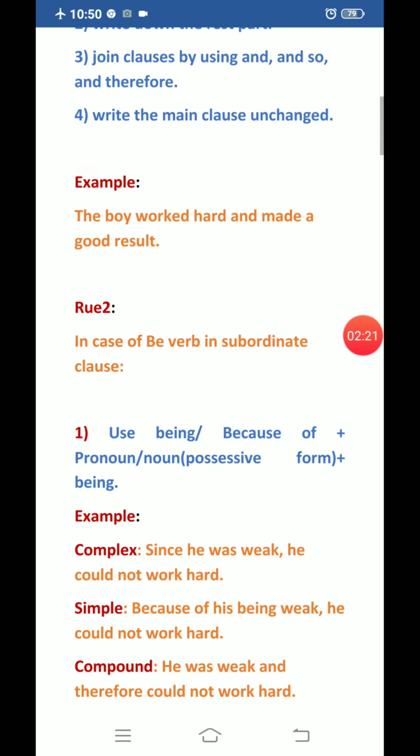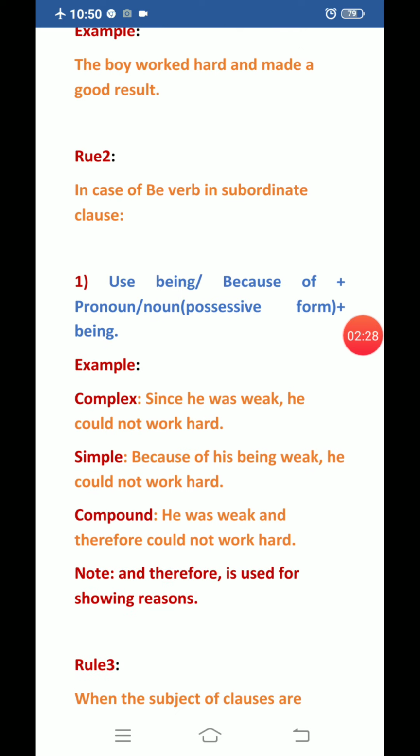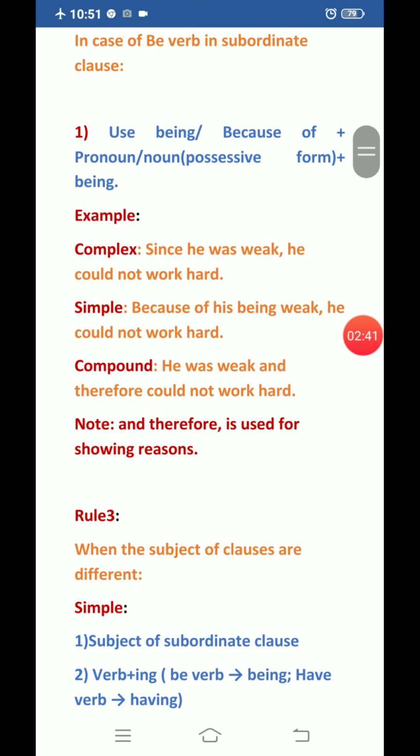Rule number 2, in case of a be verb in the subordinate clause. Rules to be followed: use because of plus pronoun or noun in possessive form plus being. Example, complex sentence: since he was weak, he could not work hard.